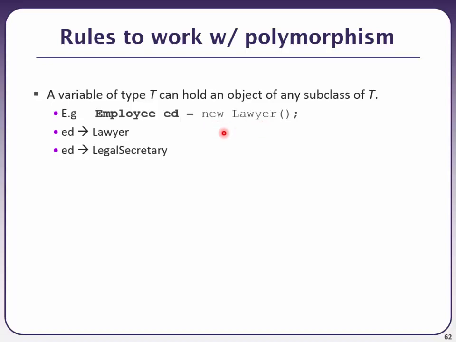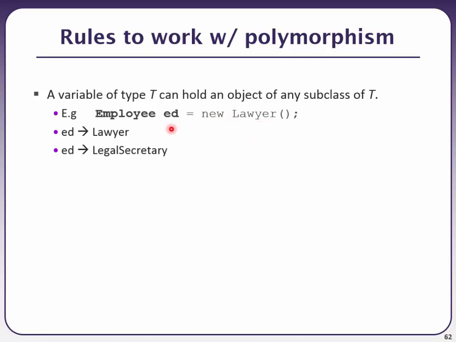So in our case, that means that we could create an object of class lawyer or secretary or even legal secretary, to use the inheritance hierarchy that we discussed a few videos ago. And we can create any of those objects and put a reference to those objects into the variable ed, which allows us to write code that expects to work on a reference to employee, but in fact, the reference that is given to us might be a reference to an object of class employee, or a reference to an object of class lawyer, an object of class secretary, legal secretary, marketer, whatever, okay?